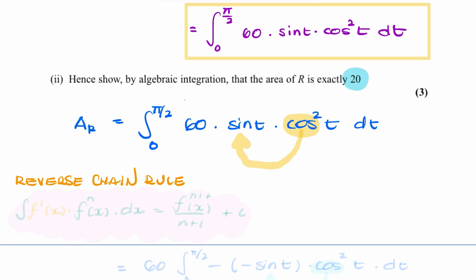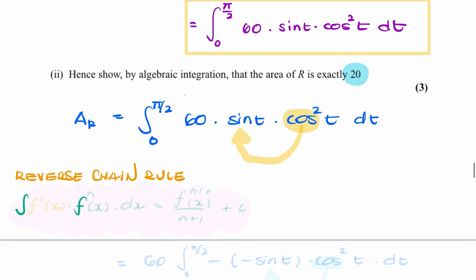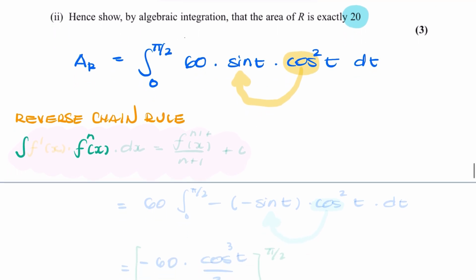So we know that if we have the integration of a function of x to the power n dx, and if it happens to be multiplied by its derivative, f dash, then the answer is f to the power n plus 1 divided by n plus 1.